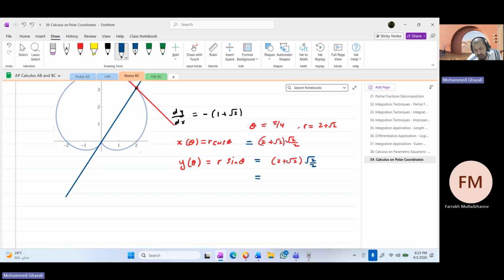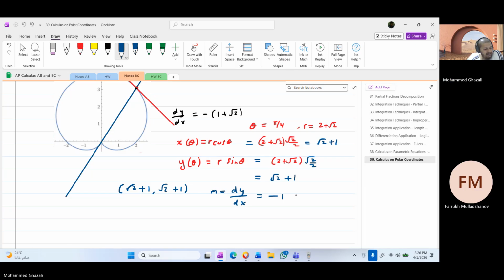To simplify, 2 plus root 2 over 2: 2 times root 2 over 2 is root 2, correct? 2 and 2 cancel out. Root 2 times root 2 over 2 is just 1. So both these points end up being the same thing, root 2 plus 1. So you have a point which is root 2 plus 1, root 2 plus 1, and your slope m is dy/dx, which is negative 1 times (1 plus root 2). Does that make sense?